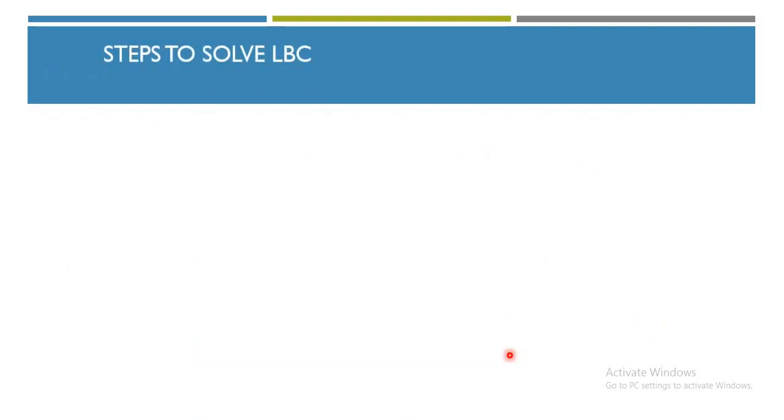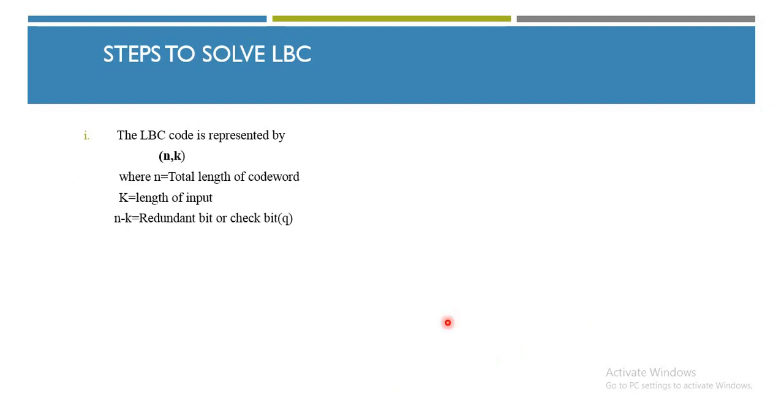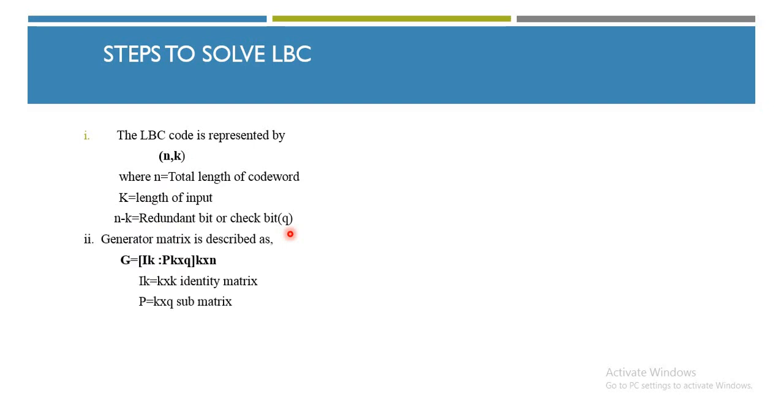Now what are the different steps to solve LBC? The first step: the LBC code is represented by (n,k), where n is the total length of the code word and k is the length of the input. So n minus k is the redundant bits or check bits which we add in case of LBC. Then the generator matrix, which is used for generating the code word, is represented by [I_k : P].